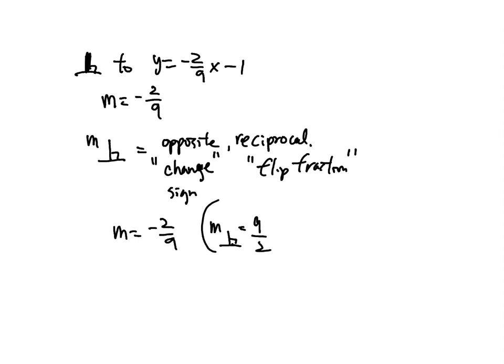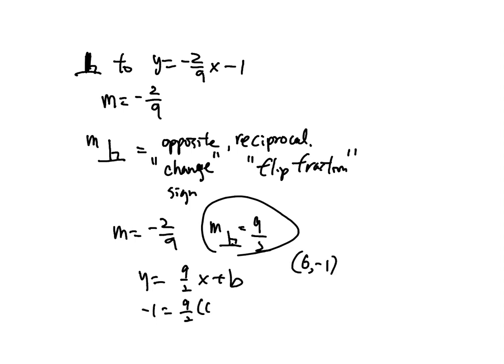After you figure out the correct slope to use, the rest is pretty straightforward. We're going to do y equal 9 over 2 x plus b. Using the point (6, negative 1), you get negative 1 equal 9 over 2 times 6 plus b. This is negative 1 equal 9 halves times 6 is 27.